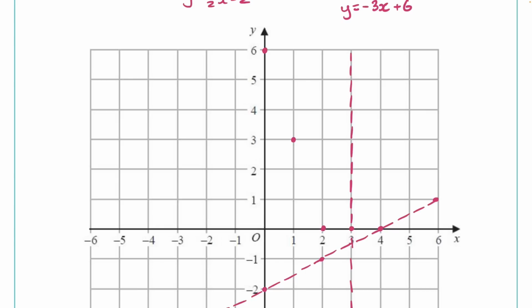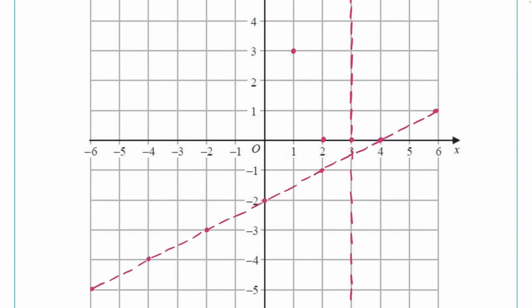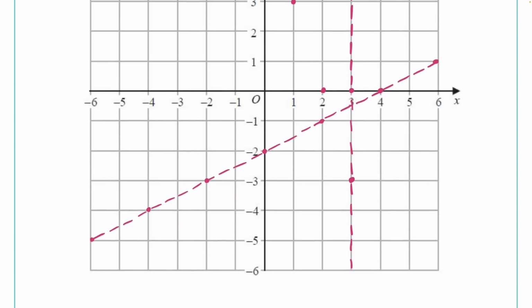And then the next one is sort of overlapping one of my other lines, so down by 3, being really careful I get that in the right place, and then down by 3 again, 1, 2, 3. So a bit of an awkward one that I need to join up. I'm going to do my best to connect these together. And there we go, we've got a nice dotted line.